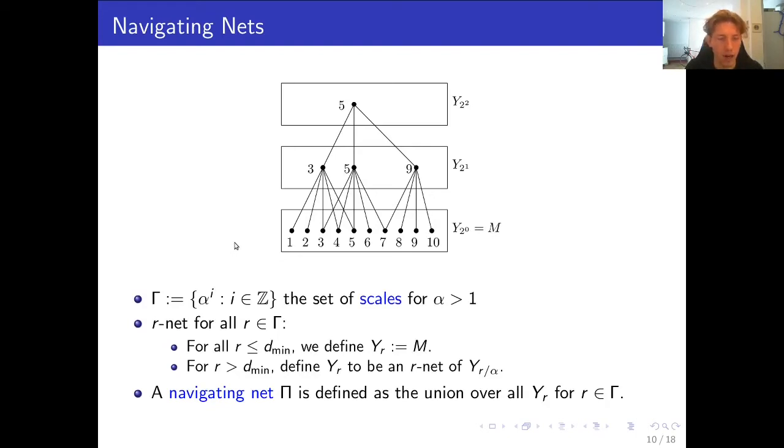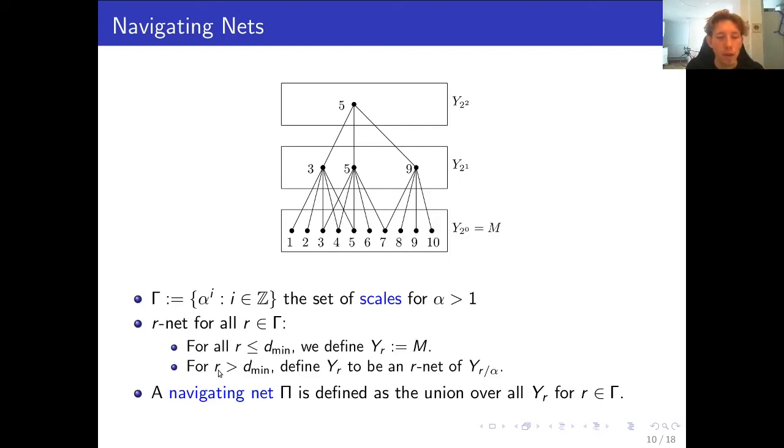So for each r in Gamma, if r is smaller or equal than the minimum pairwise distance in M, you define Y_r to be M. You need every point to be in the r-net, and then you use this r-net definition recursively.